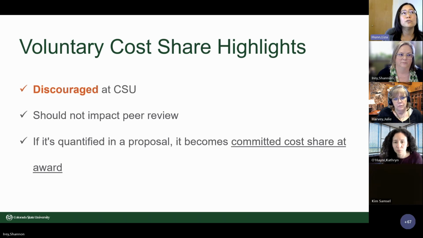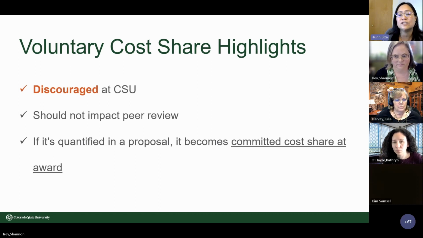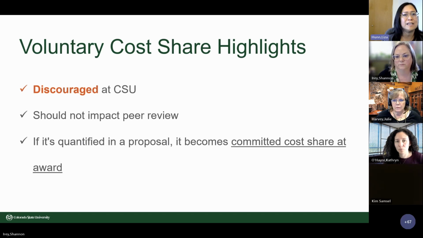However, if you provide 50% cost share, you will be given 20 points, as part of the merit-based scoring. And you're like, time out, this should not happen. If you find a federal solicitation that says that, please give your OSP team a heads up that this is what's going on.